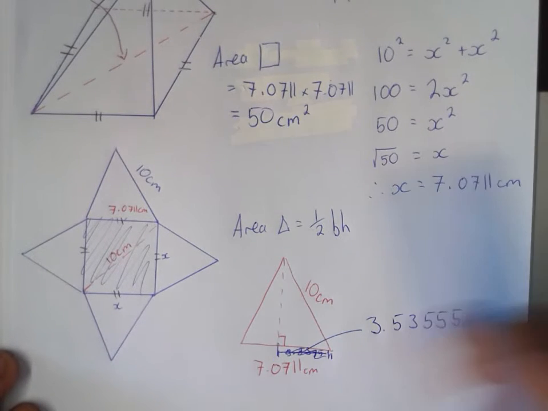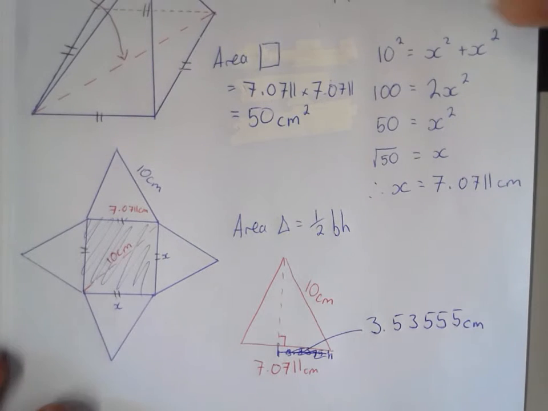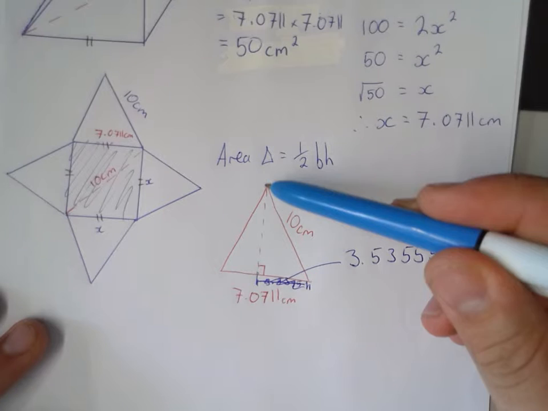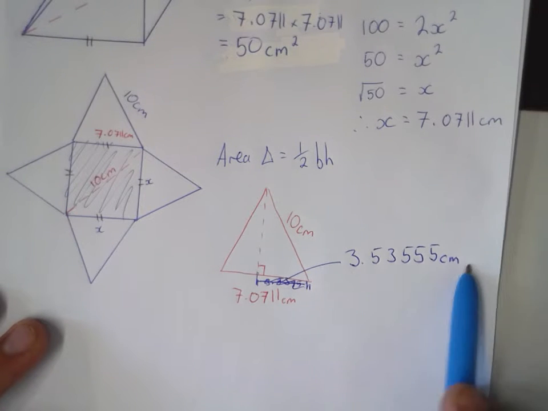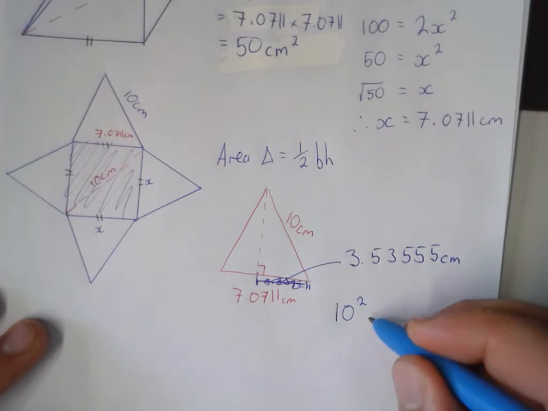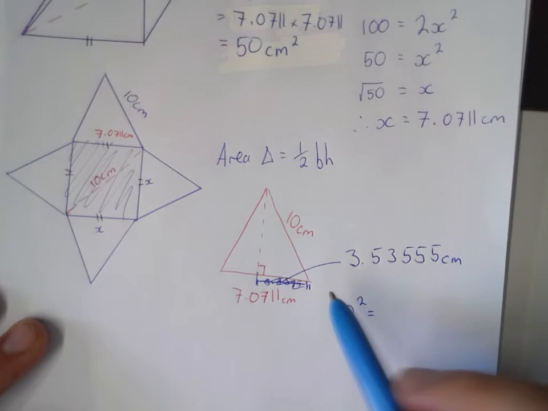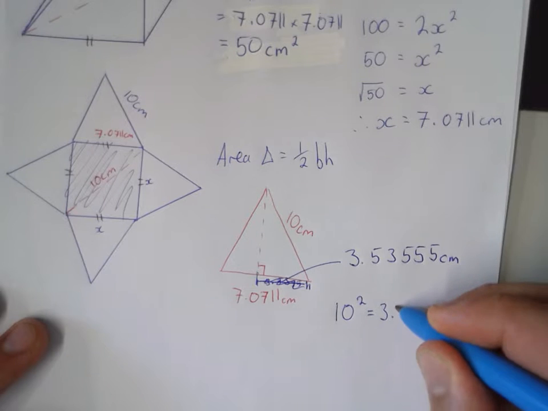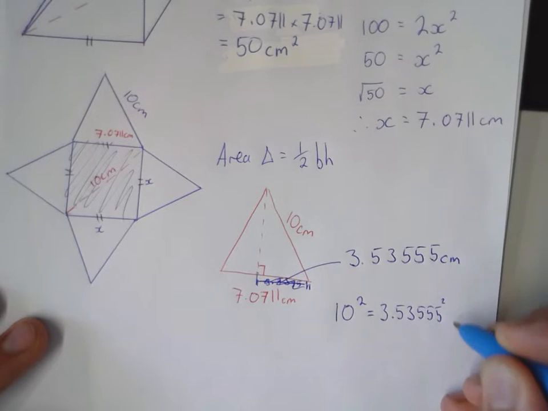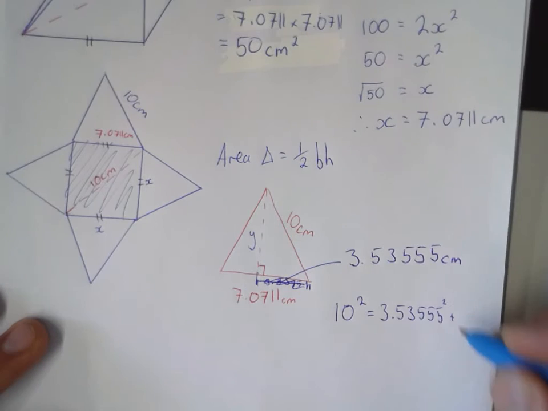Now in doing that, again, I can use my Pythagorean formula to calculate this vertical height. This 10 centimeters is my hypotenuse, this is my base, so I can say that 10 squared is equal to this base squared, 3.5355 squared, plus, I'm going to call this distance here y, plus y squared.